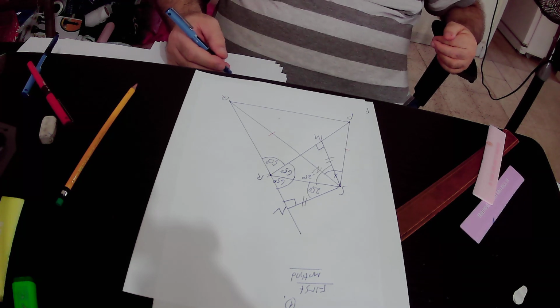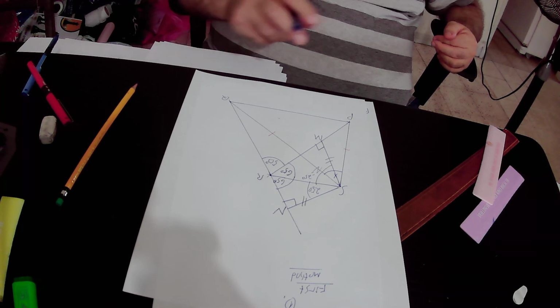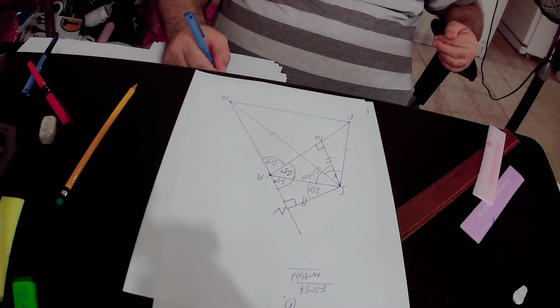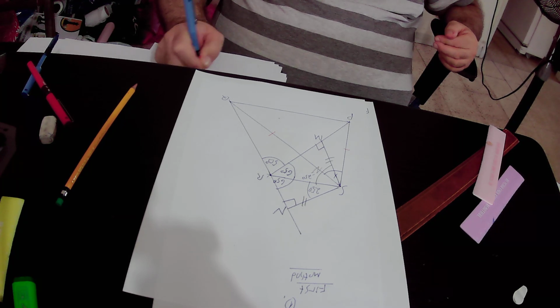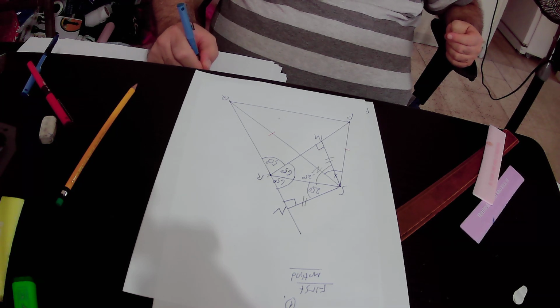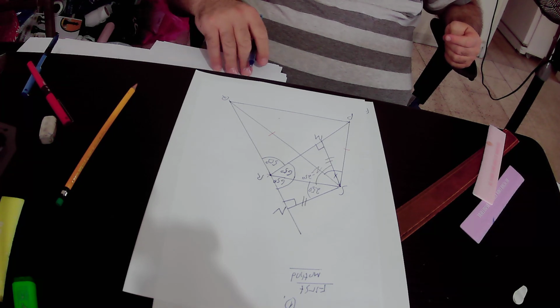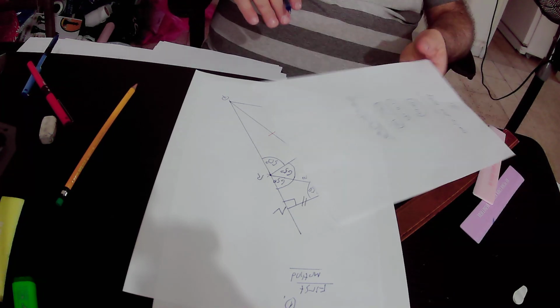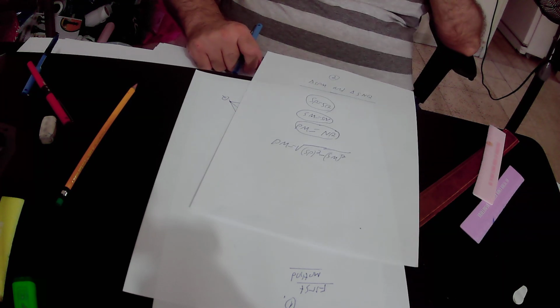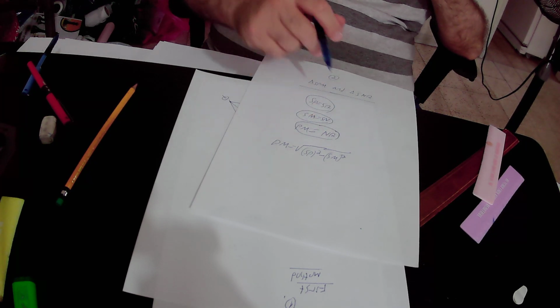Actually, according to the Pythagorean theorem, PM equals the root of SP square minus SM square.